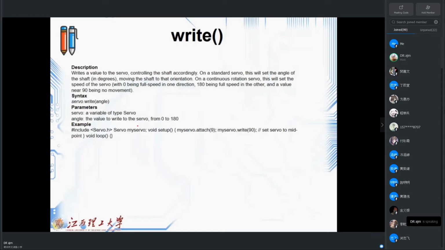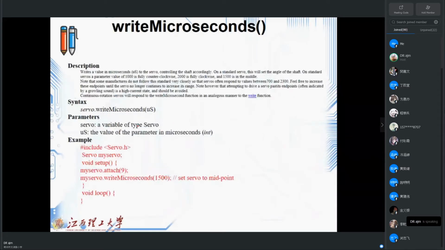Next is writeMicroseconds, which writes a value in microseconds to the servo, controlling the shaft accordingly. On a standard servo, a parameter value of 1000 is fully counterclockwise, 2000 is fully clockwise, and 1500 is in the middle.